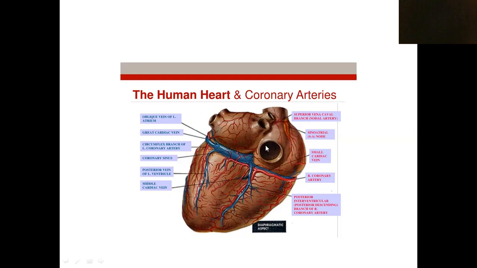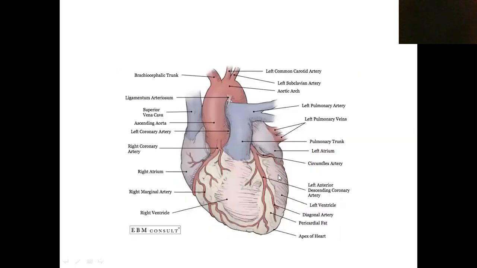See it once again. Atrium, ventricle. This groove seen between these two is known as atrioventricular sulcus or coronary sulcus. It is right coronary sulcus or right atrioventricular sulcus. It is not the anterior part, it is the posterior part. So this area is known as posterior right coronary sulcus or posterior right atrioventricular sulcus.